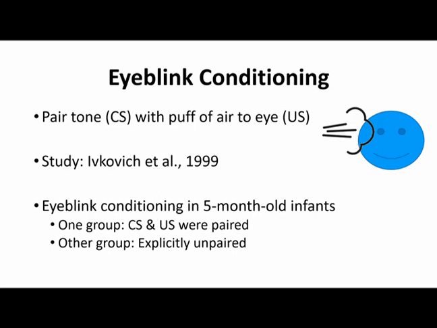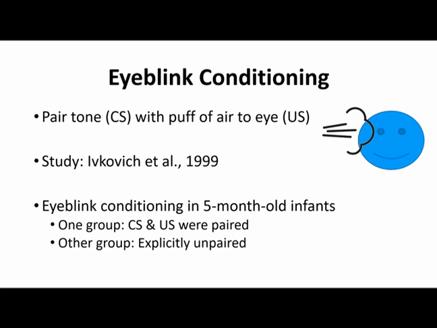As you know, our eyes are very, very sensitive, so it's very easy to cause us to blink. Whether you move too quickly near someone's eyes or, as in this case, we use a puff of air, the unconditioned stimulus of air coming towards your eye causes an unconditioned response of blinking.